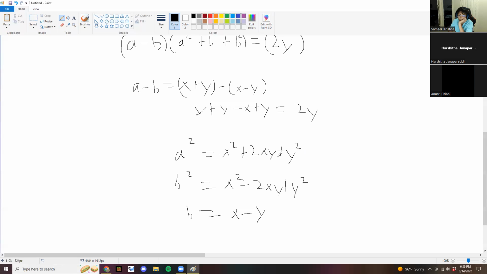So what we can automatically do is cancel these out. So we can add these together, and we get 2x squared plus 2y squared plus x minus y.